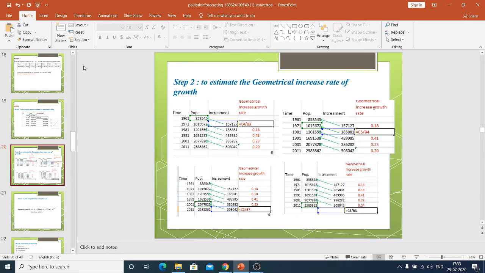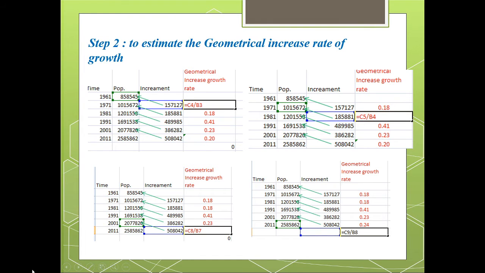So here, to estimate the geometrical increase rate of growth, here what he did: from this population, for this population divided by B3.